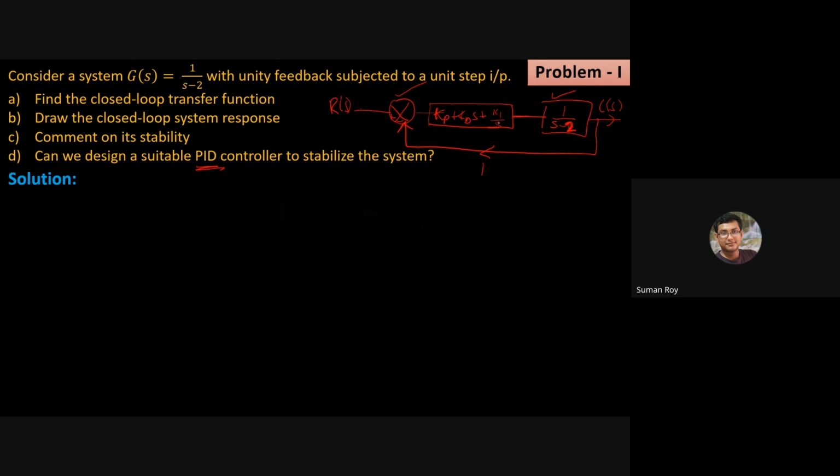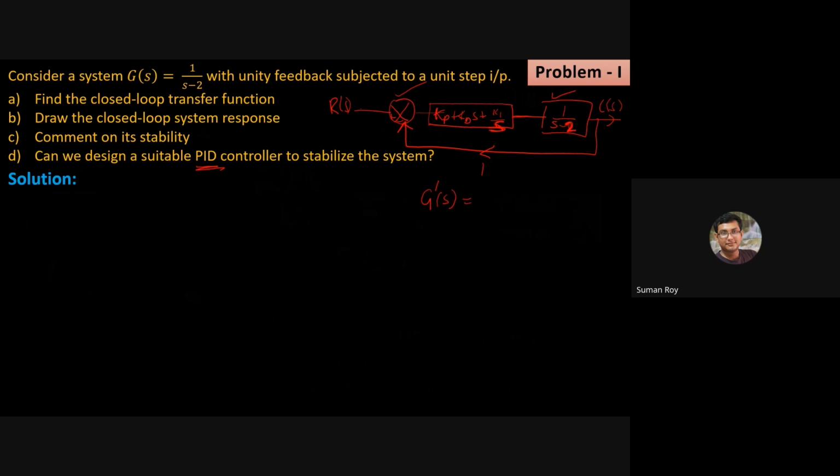Those who cannot understand why I am writing KP plus KD s plus KI by s, please refer to my earlier videos, it will be clear. So KP plus KD s plus KI by s, right? If I apply this PID controller over here, then can you tell me what is my new G(s)?